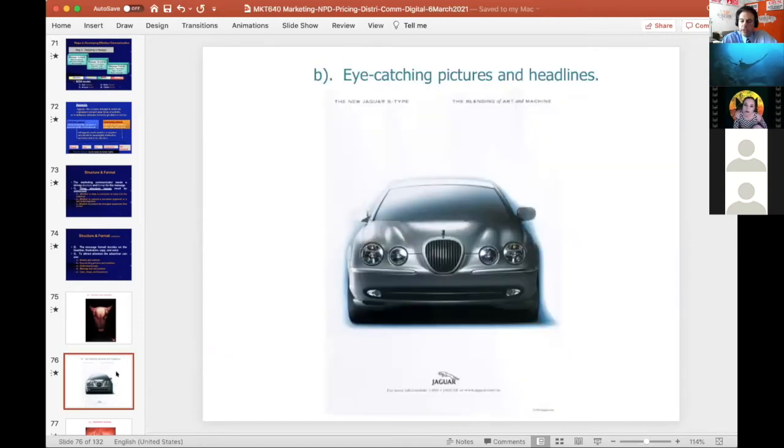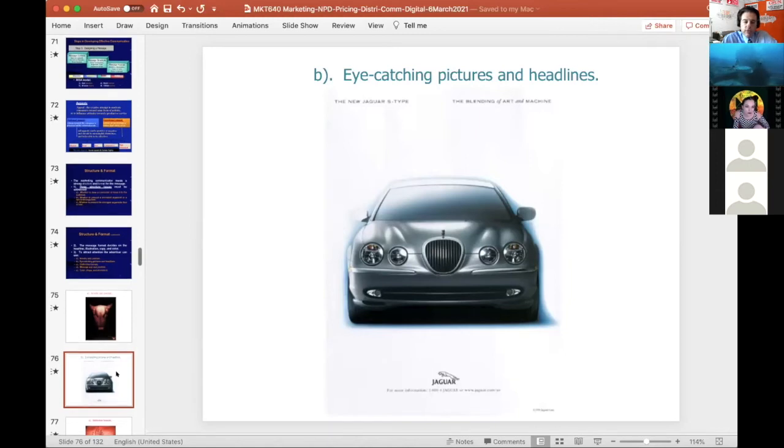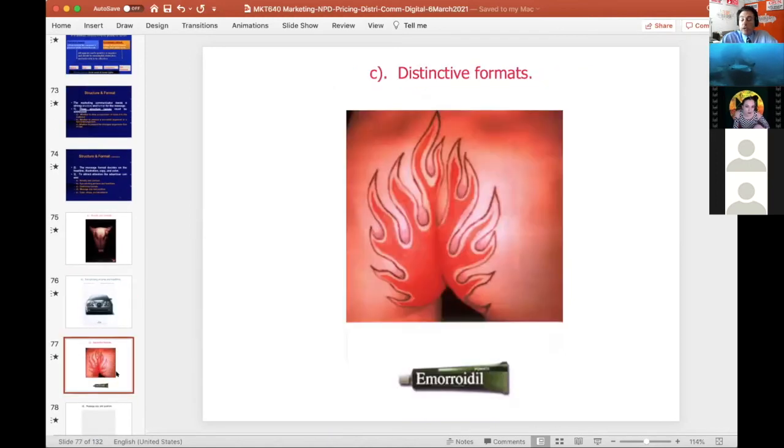But now you're selling a luxury product. In that situation, maybe you want to show the product because people want to perceive luxury, quality, exclusivity. Distinctive format, it's unexpected. I mean, to sell a product like Hemorrhoideal, which is a cream for when you have a rash on your rear or hemorrhoids, it's not that easy.